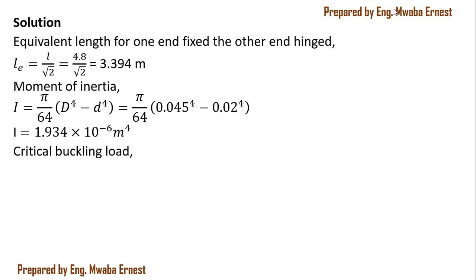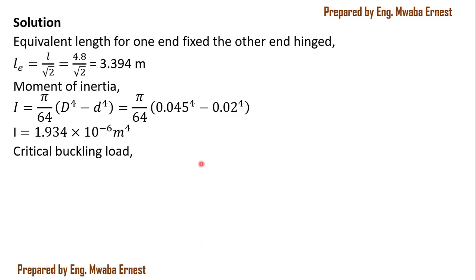So how do we find the so-called I? In that case, what we are going to do is to make sure that we recognize that it's a hollow member. So pi over 64, and in the brackets, 0.045 raised to power 4 minus 0.02 raised to power 4.